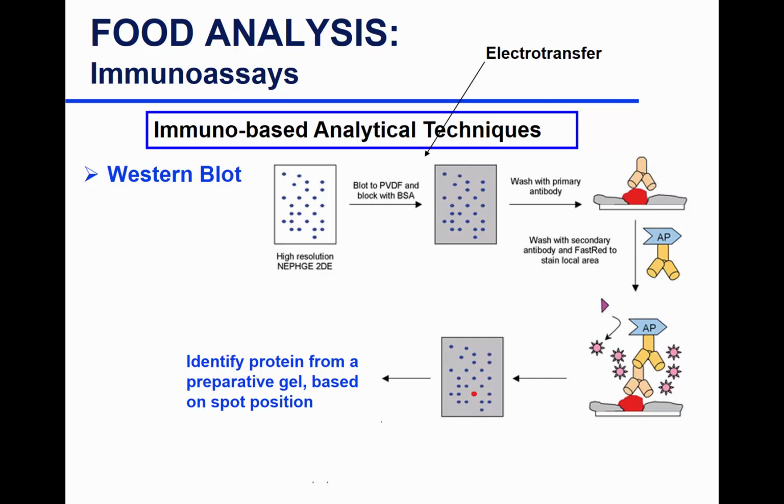You wash off, and then you add the primary antibody, the antibody that will recognize an antigen on your membrane. So you incubate with that, then you wash, and then you put the secondary antibody that is labeled with an enzyme. So this antibody will react with the detection antibody or the capture antibody or the primary antibody.